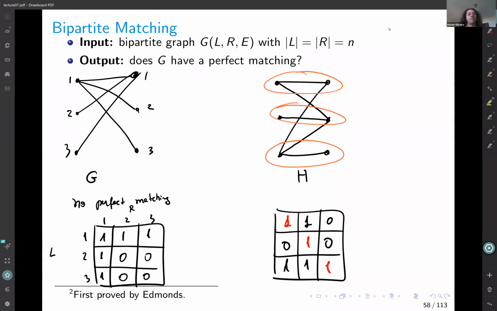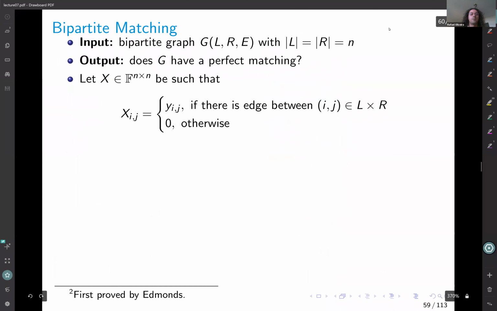So how do we decide if a graph has a perfect matching? You probably learned many algorithms for this, and I'm going to teach you one more. So here's what we can do. Instead of looking only at the adjacency matrix of the graph G, we're going to look at the symbolic adjacency matrix of the bipartite graph.